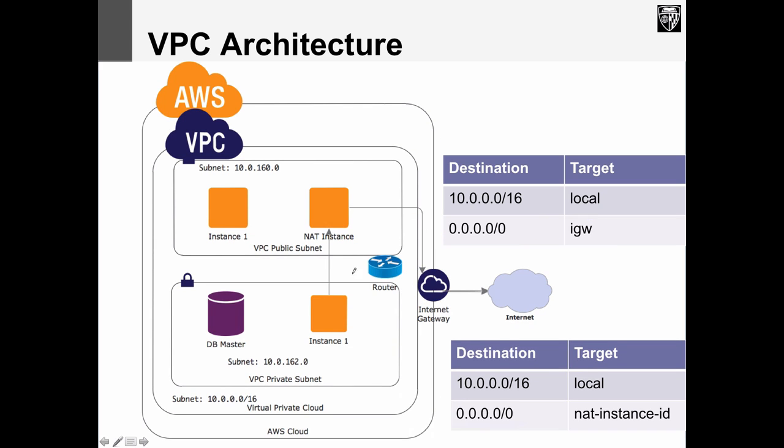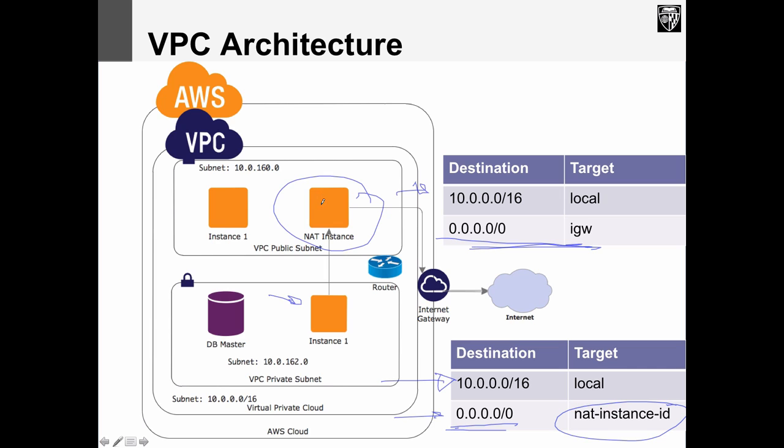To resolve this issue, we have to create a separate dedicated instance called NAT instance that can be used as a default gateway for the instances in the private subnet. So now the public subnet has access to internet connectivity because of this routing rule for using our internet gateway. Now for the private subnet instances, we have added a new routing rule, which says the default router or default gateway for the instances in the private subnet is the NAT instance ID we created.